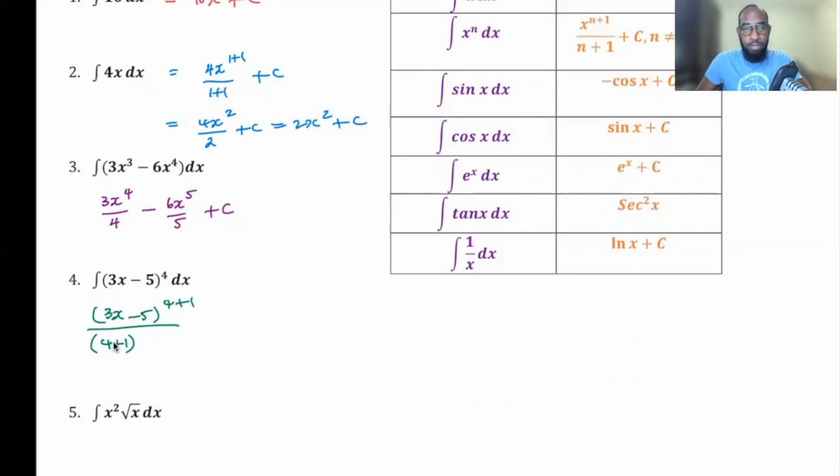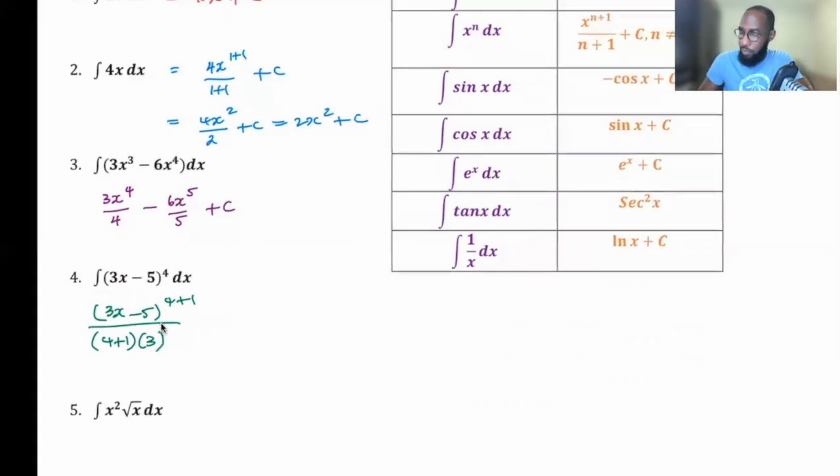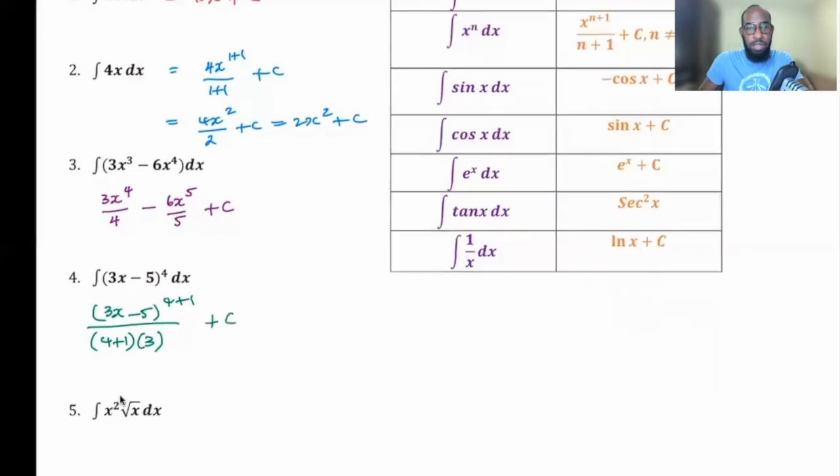Now, you have to differentiate what's inside here, and you put it at the denominator. The differential of 3x is 3, minus the differential of a constant, which is 0. So you just close the brackets. This here is your answer, plus c, and you simplify.